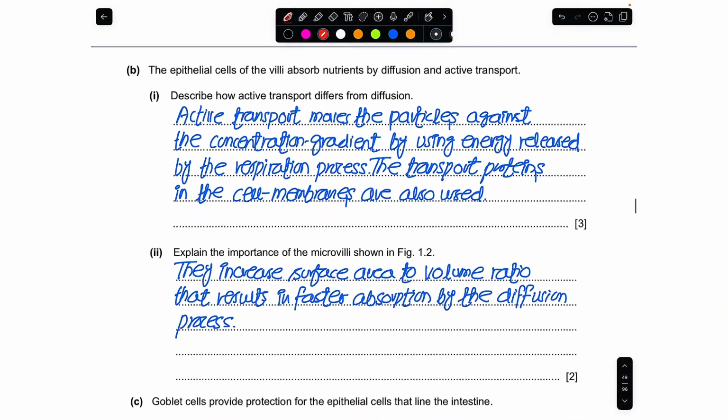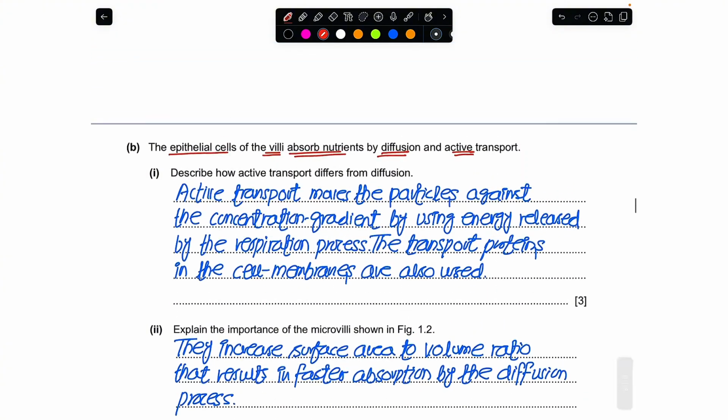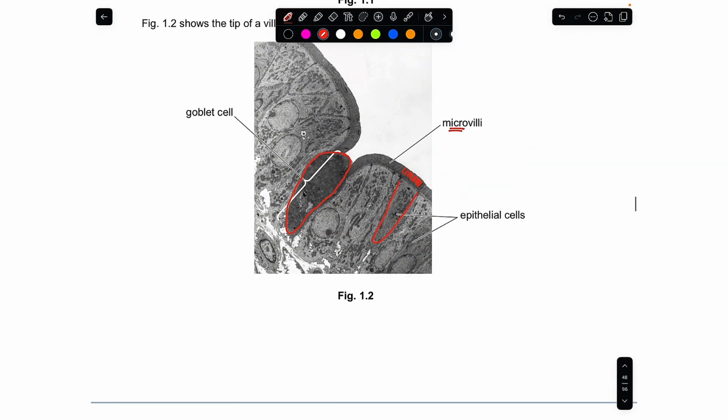Coming toward the questions for the B part, they say that the epithelial cell of the villi absorbs the nutrients by diffusion and active transport. When the food comes into the small intestine, in the lumen the carbohydrate, protein and fats would be completely digested.